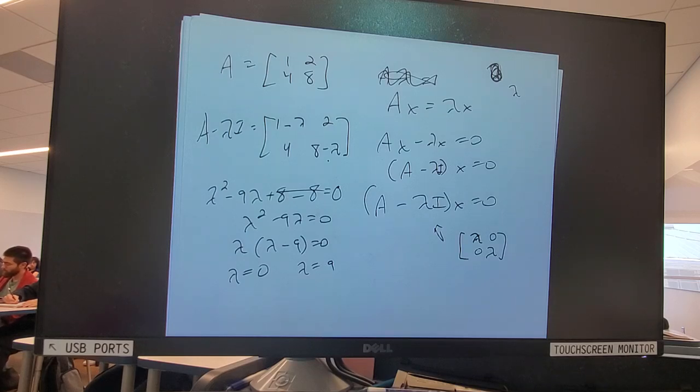Which means the null space for the matrix itself, does it have non-zero vectors in it? You with me? Yes, the null space has to have dimension at least 1. It's got to have dimension 1, yes? Is everybody with me? I want this to make sense.